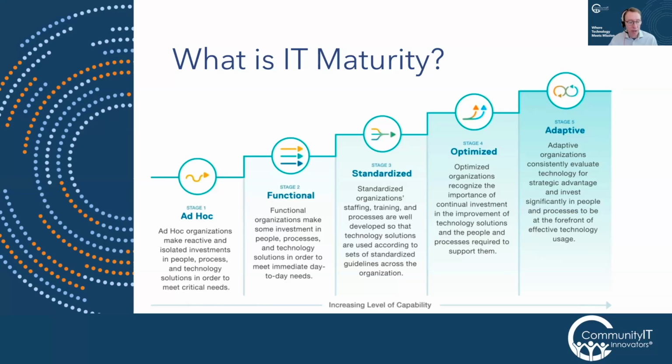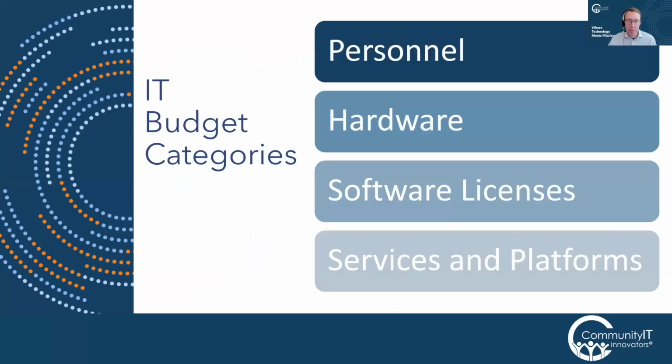So thinking about IT maturity is valuable. And then as you're putting your budget together, it can be helpful to think about budget in a few different categories. So what's the personnel budget? That'll probably be the most expensive. Who is going to be dealing with IT, either fixing issues, supporting staff, managing IT projects, doing the technical work to get IT initiatives deployed.